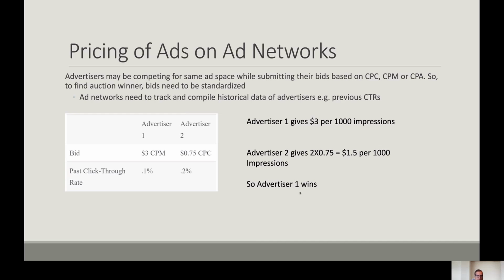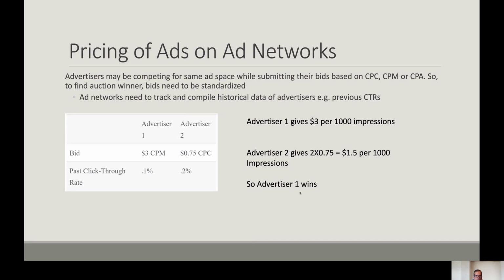Now, since advertiser 2 has bid 75 cents per click, right, in this case, it is going to pay the ad network $1.50, right? And if that is the situation, then you can see that advertiser 1 is actually going to pay $3 for 1,000 impressions, whereas advertiser 2 is going to pay $1.50 for 1,000 impressions.